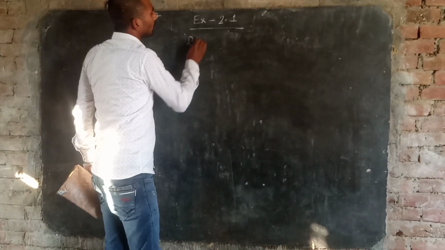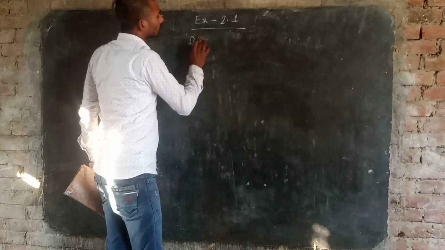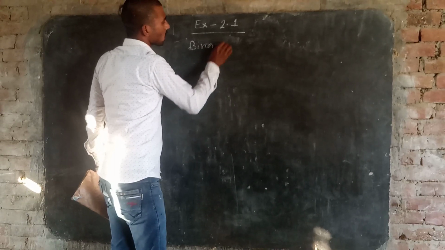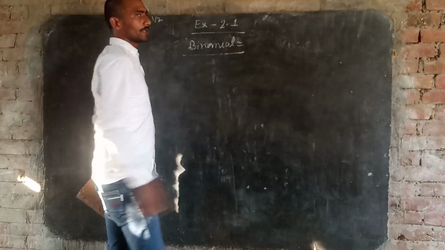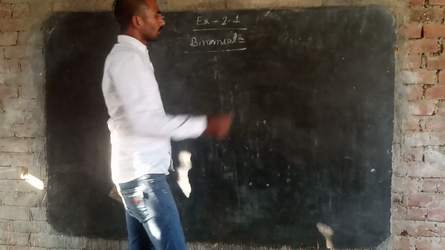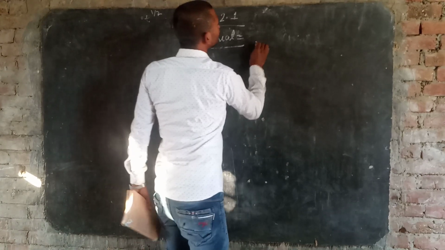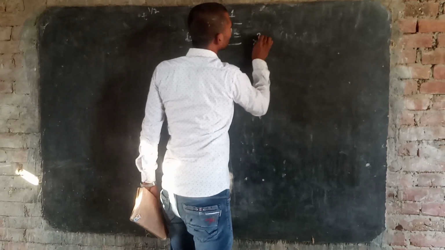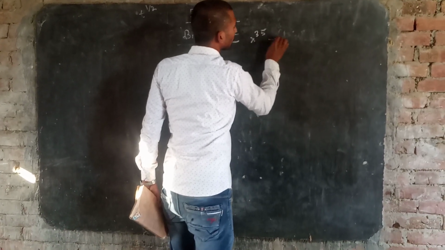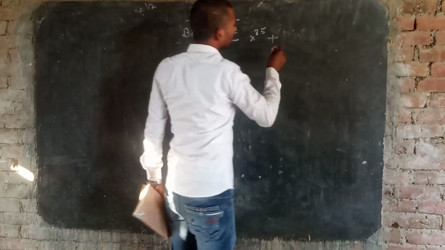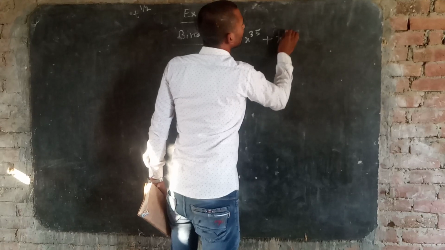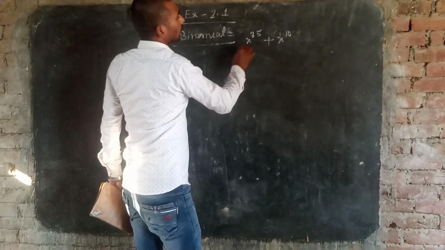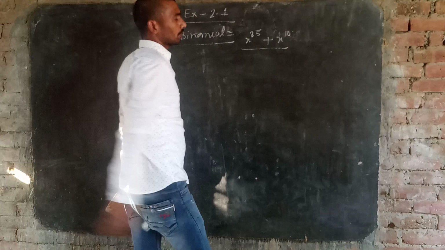Binomial means we have to take two terms: x power 35 plus x power 10.